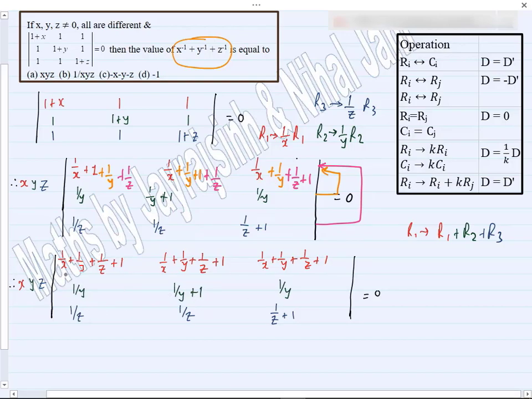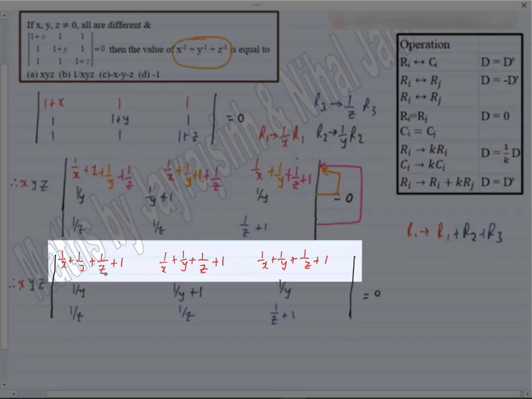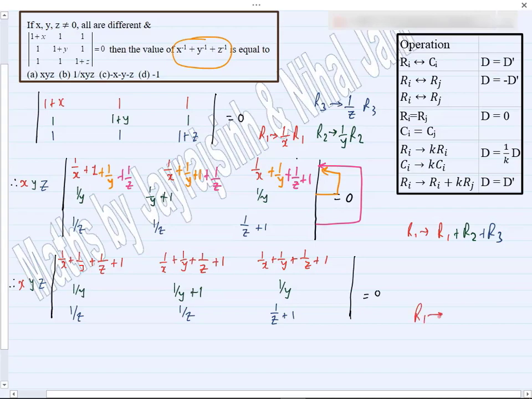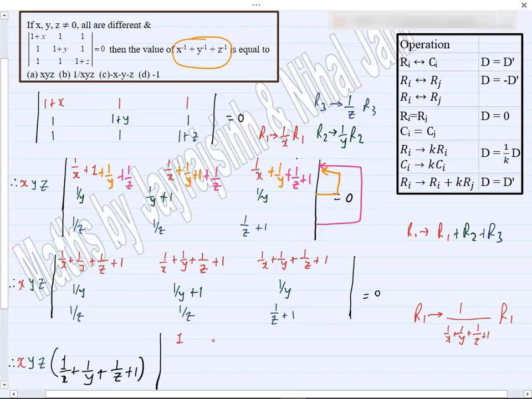So here we can take 1 by x plus 1 by y plus 1 by z plus 1 common from the first row, or we can say we are going to divide by 1 by x plus 1 by y plus 1 by z plus 1 the first row. So here xyz will be as it is, and the new common factor is 1 by x plus 1 by y plus 1 by z plus 1. Our first row will be 1, 1 and 1, and the rest of the rows will be as they are.